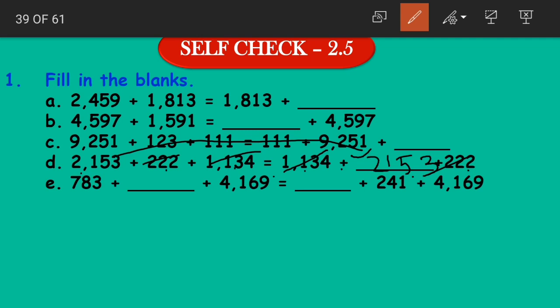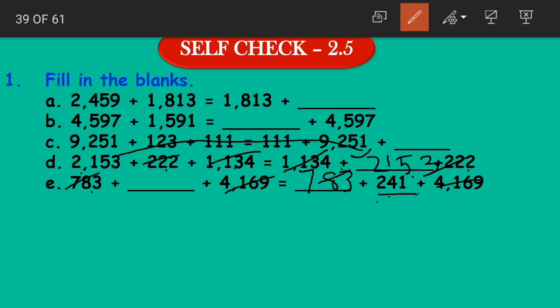Now, coming to question number E. See, this has become a little tricky. There is a blank given on both sides. Now, how do we solve this? If we see, 4169 is present on both sides. Now, this 783 is not on the right side, so we will write 783 here. Now 783 is present on both sides.